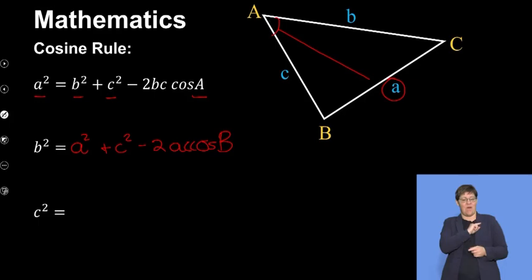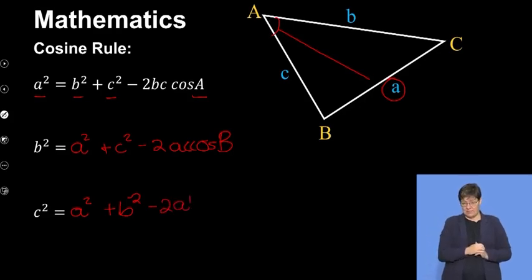Because we're starting with C squared, we still need to use the other two sides. The other two sides are A squared plus B squared minus 2AB times cos of the angle we started with. And since we started off with C, we need to end off with C.